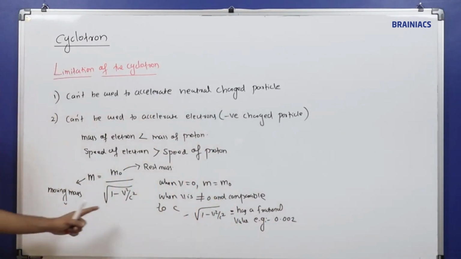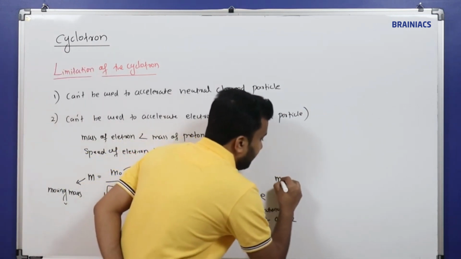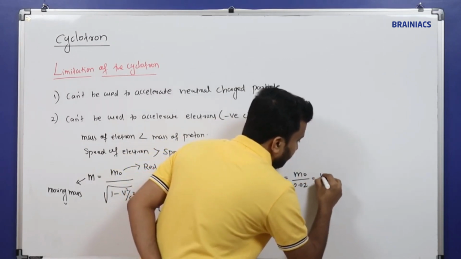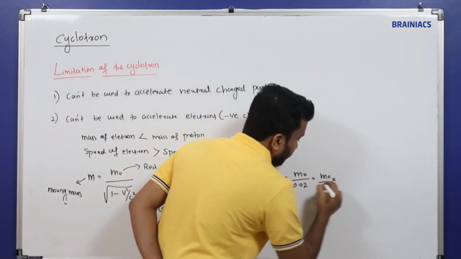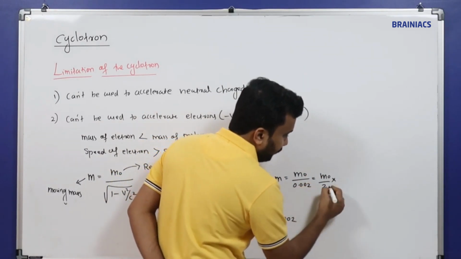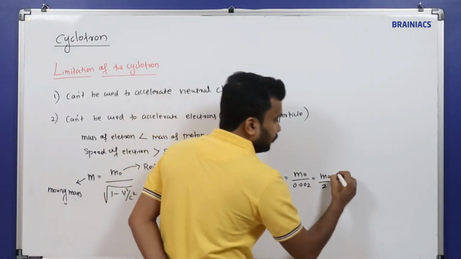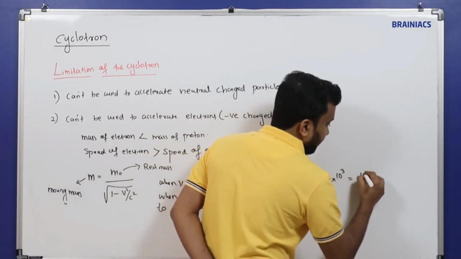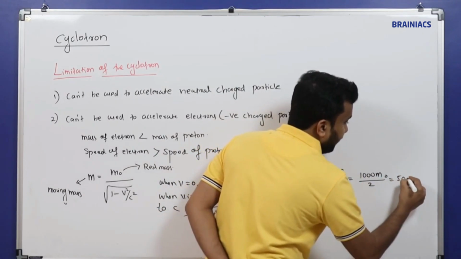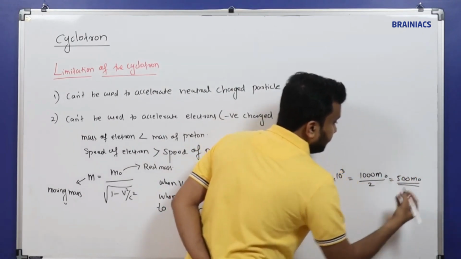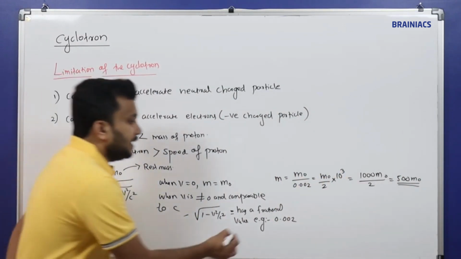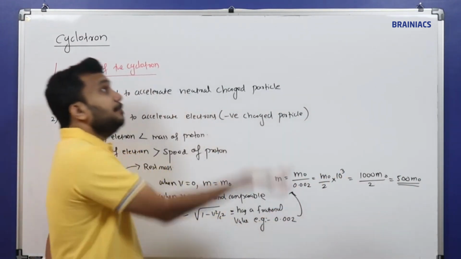Now if you do this, M equals m0 divided by 0.02. You will get m0 divided by 2 into 10 power minus 3, so this goes to 10 power 3, it becomes 1000 m0 divided by 2, which becomes 500 m0. See, this is very much higher than m0. So in this example your m increases.